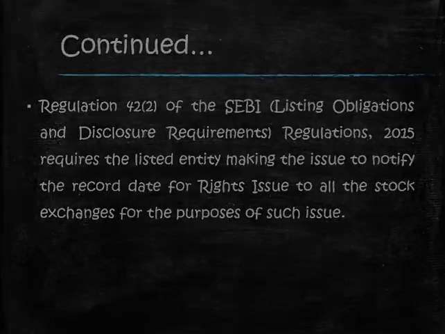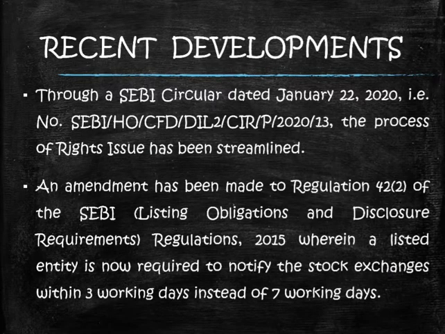Proceeding further to the recent developments in this topic, it must be noted that recently in January 2020, a circular has been issued by SEBI wherein the process of rights issue has been streamlined.